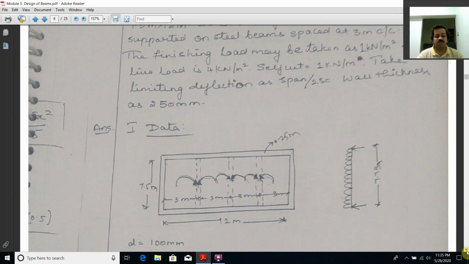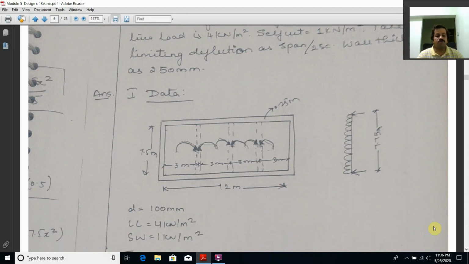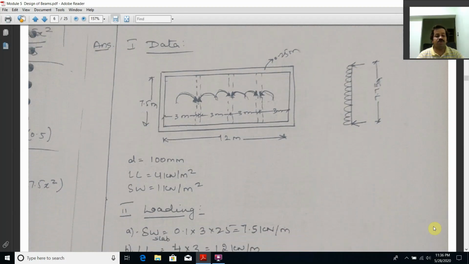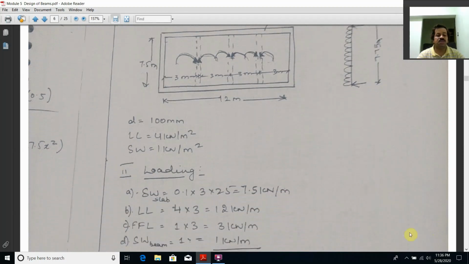With that regard, first, the depth of the slab is D equal to 100 mm in the problem, the imposed load is 4 kN per meter square, and the floor finish load is 1 kN per meter square. So how do I calculate the self weight of the slab?